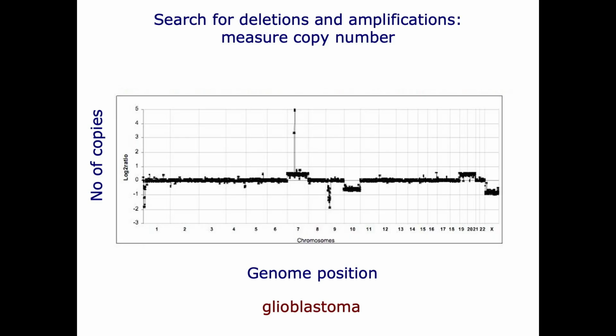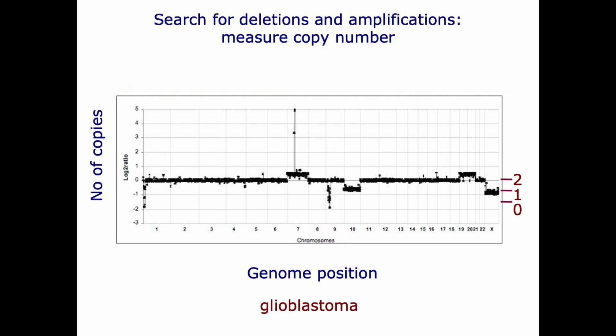So on the vertical axis here is the number of copies, and along the bottom is the whole genome. So chromosome 1 is over on the left, then chromosome 2 and so on, over to chromosome X on the right. And if we put in the number of copies, most of the genome is present in 2 copies.